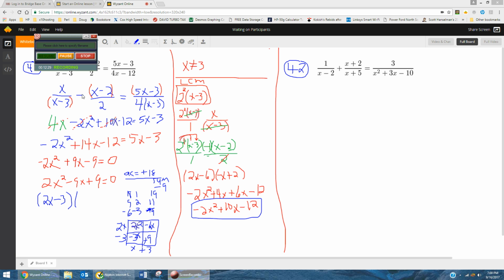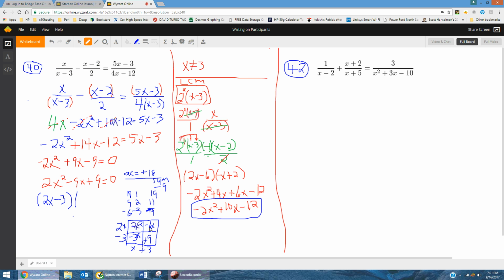Pausing the video. I see what I did. Usually I write the other binomial on the top, so I should have used a minus 3 here. Because minus 3 times minus 3 is plus 9. So the factoring of that trinomial is 2x minus 3 times x minus 3 equals 0. And you can double check it by FOIL.